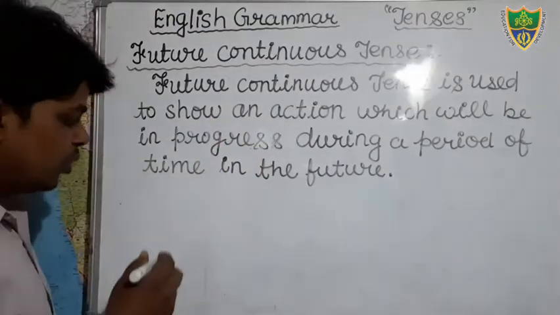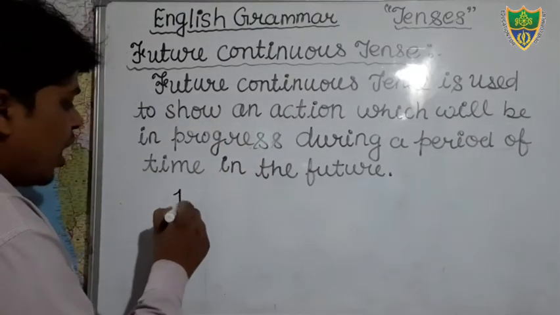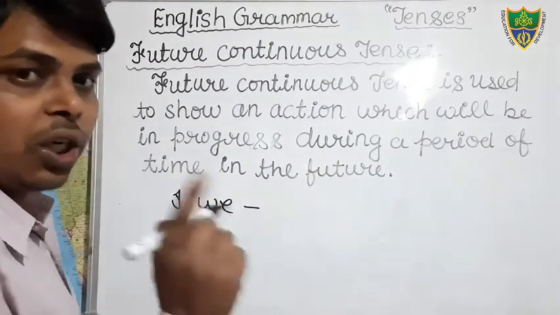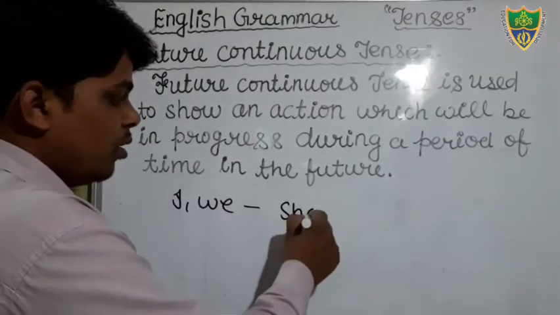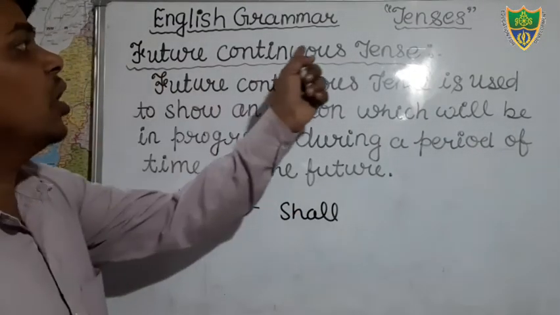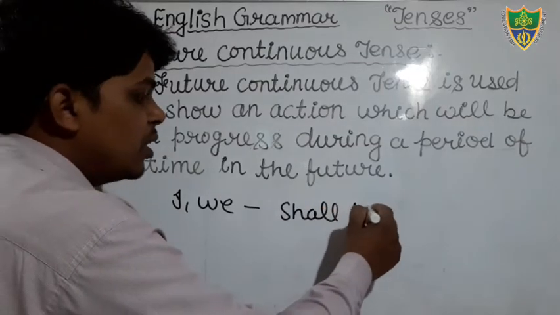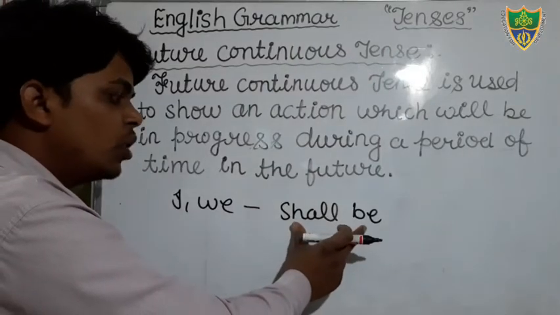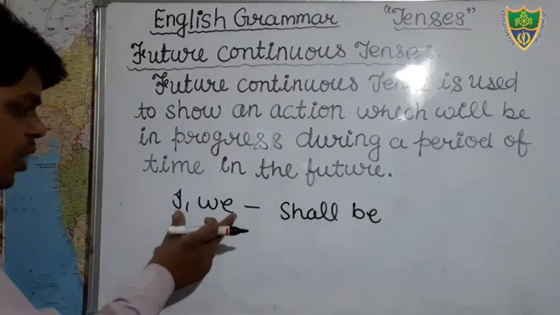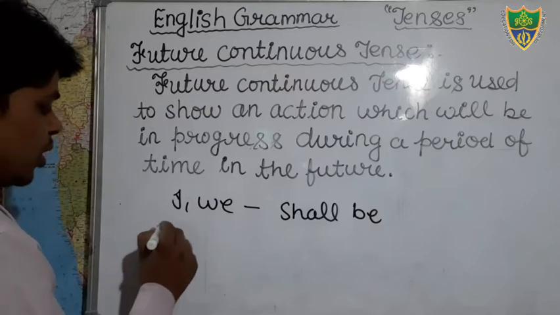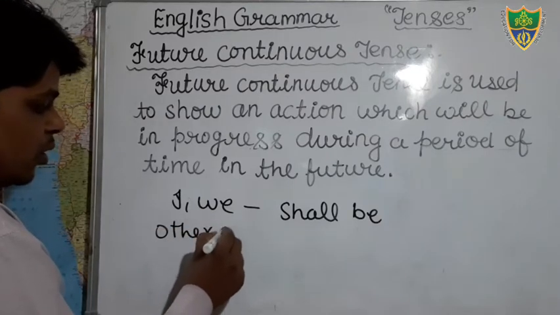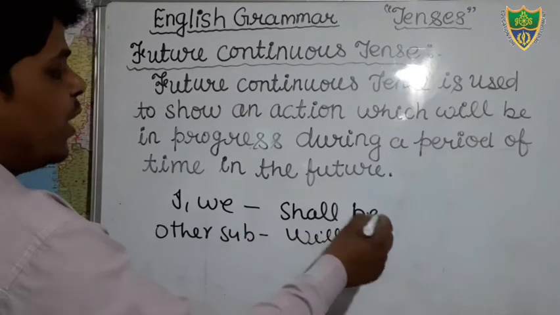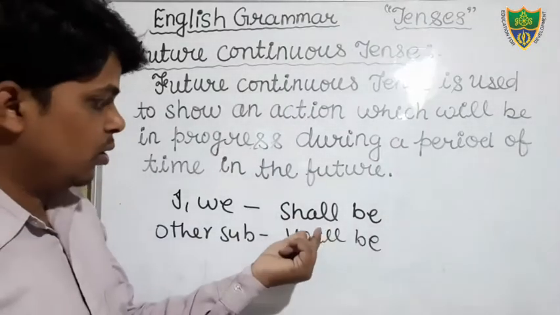Okay students, so you all know that with I and we, in the future indefinite tense we use shall, but here in future continuous tense we will use shall be. Keep in your mind, in future continuous tense we will use the helping verb shall be with the subjects I and we, and with the other subjects we will use will be. No need to write, you only just listen.